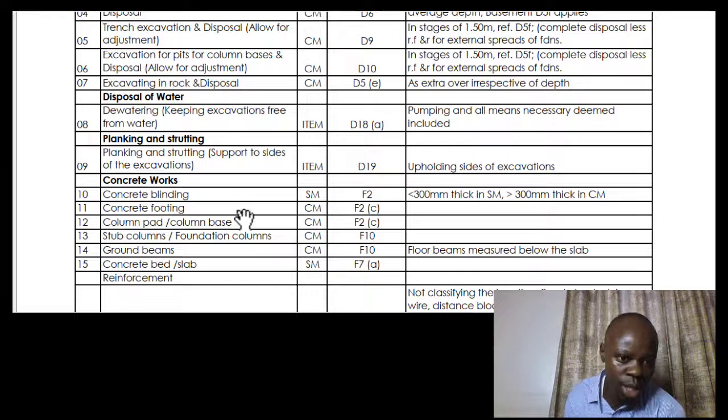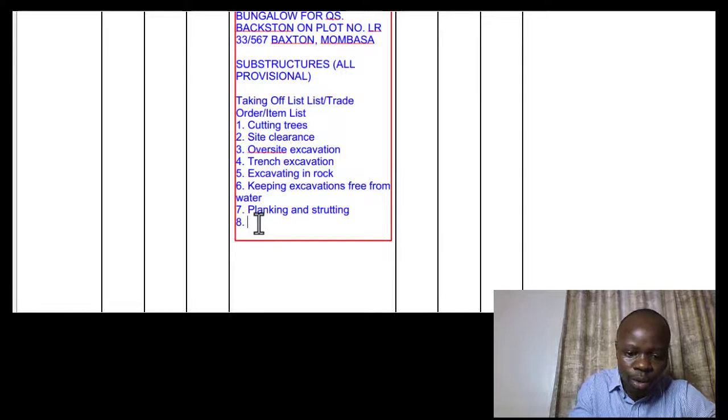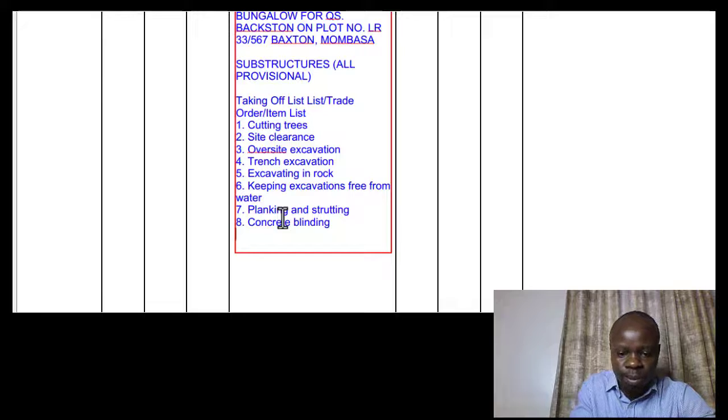From the concrete works we'll talk about items like blinding at item 1, then concrete footing. So those ones we'll cover. We'll go to item 8, then we do concrete blinding. We'll cover that as well.